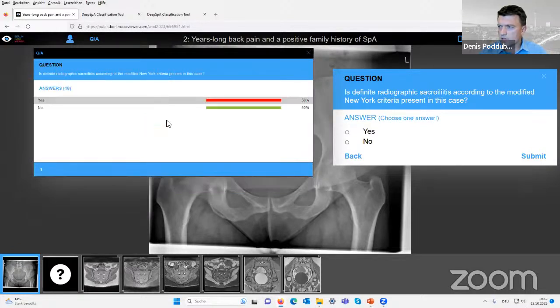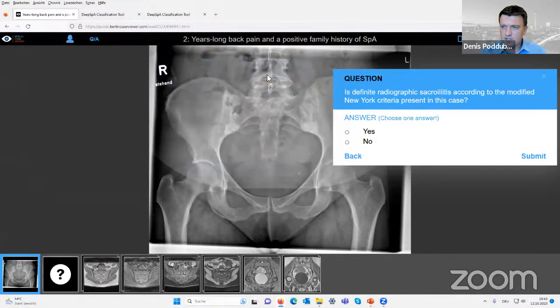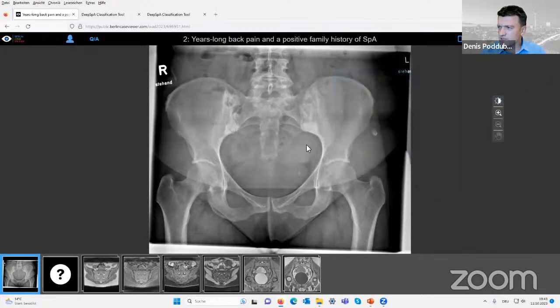So we can have a look at the result. Oh, this is a very nice result. This is really great, because here we have really a 50-50 share. Some of you said yes, this is definitely radiographic sacroiliitis, and I heard this opinion from experienced rheumatologists, because if you look formally at this joint, you see that the joint space is somehow blurred and cannot be followed.